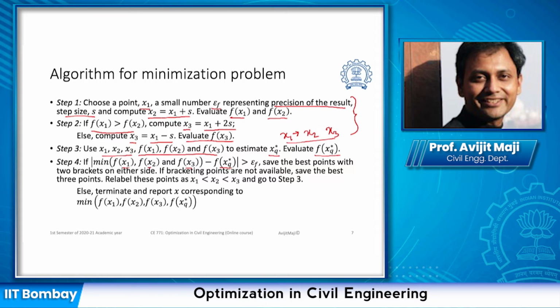the difference is going to be more than the precision or less than the precision. If it is more than the precision, we need to save the best points with 2 brackets on either side.